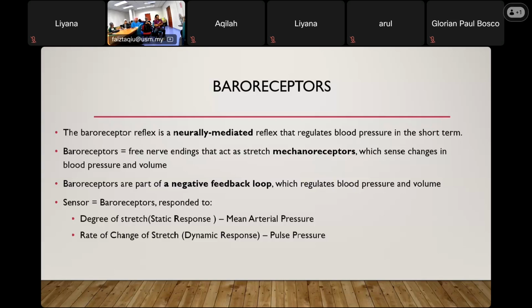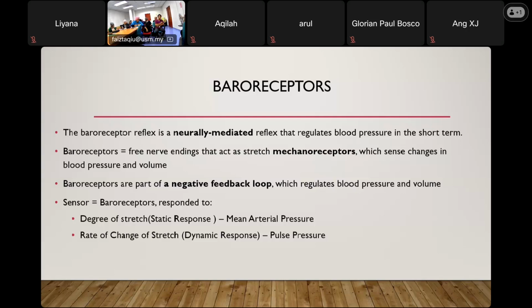The sensor, so what does it sense actually? The trigger is volume loss, and then reduced arterial pressure and pulse pressure. Are you sensing pressure, or what do you sense? Stretch. The mechanoreceptor senses a reduction in stretch.